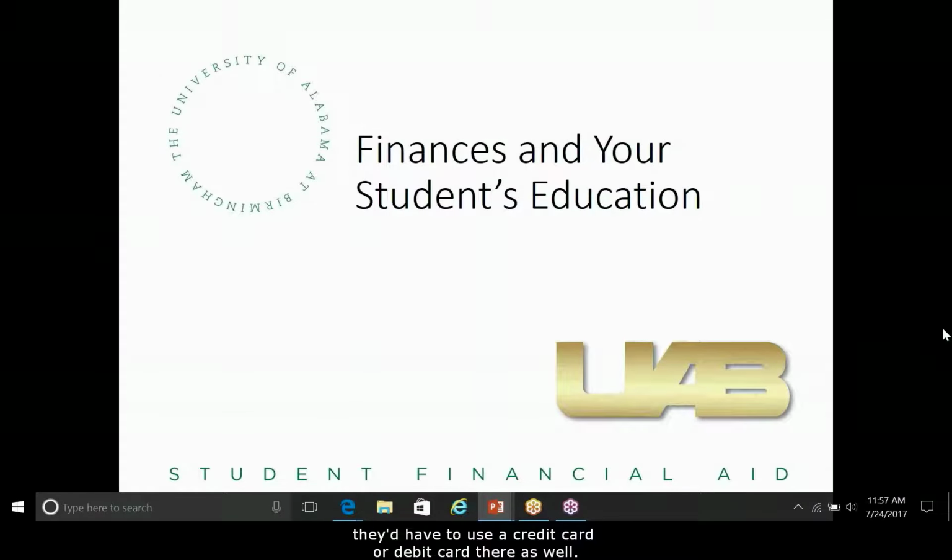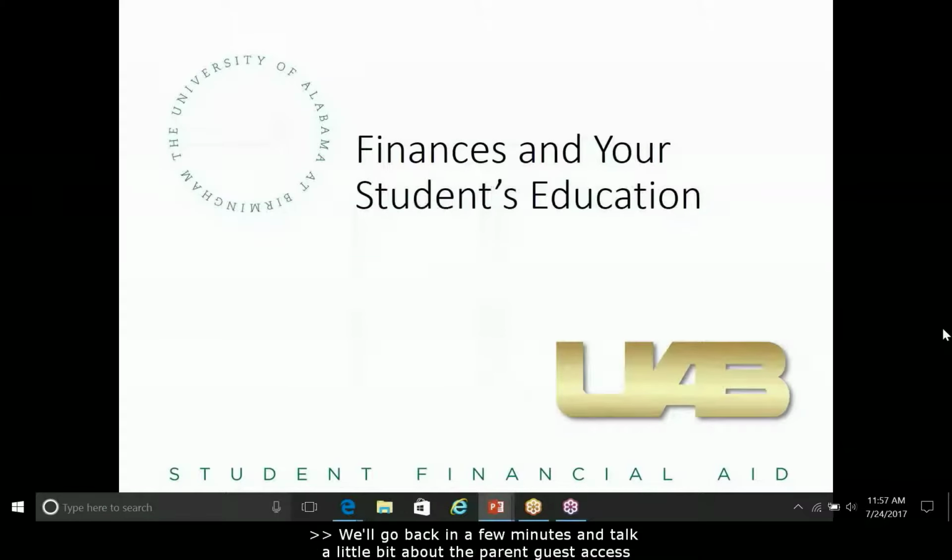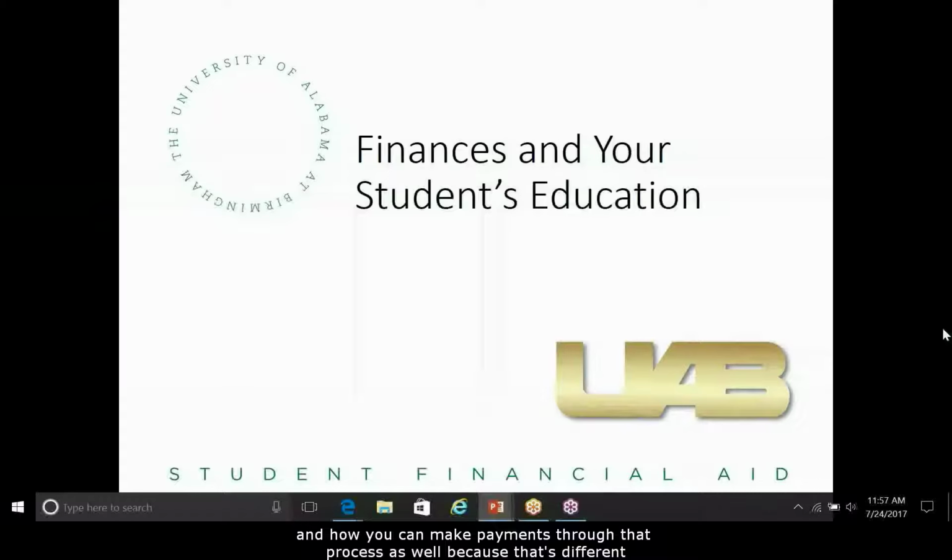They'd have to use a credit card or debit card there as well. But other than that, there's really not a wire transfer or an e-check transfer option right now. We'll go back in a few minutes and talk a little bit about the parent guest access and how you can make payments through that process as well, because that's different than your student. You're still using the same information, but I want to make sure we fully clarify how the parent guest access works.